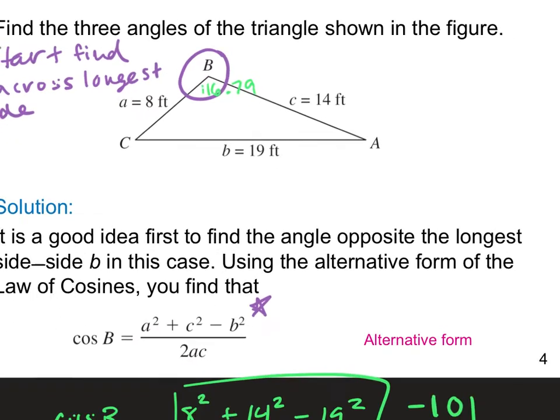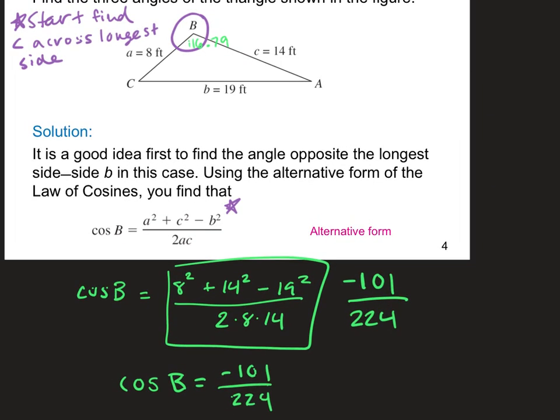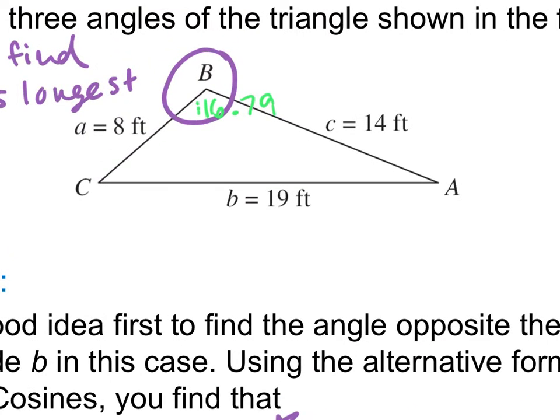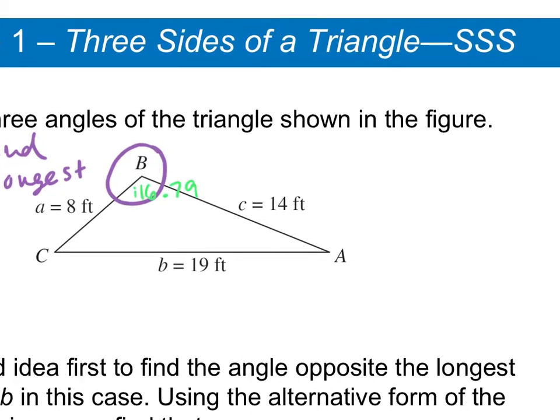Now what can we do to find one of our other angles? Can we use law of sines now? Yes, because we have a corresponding side and angle. We have angle B and side B, so we can use that to find one of our other angles.